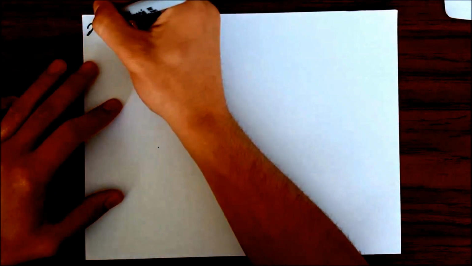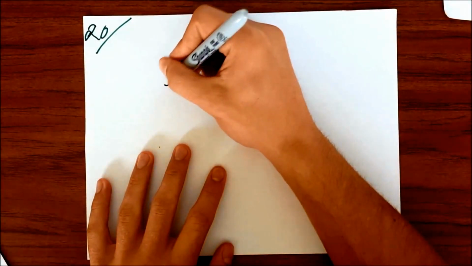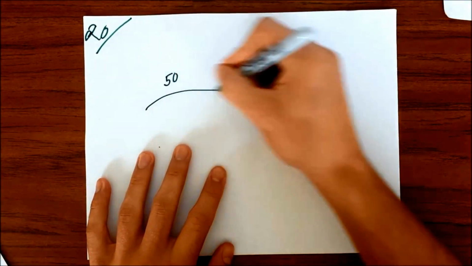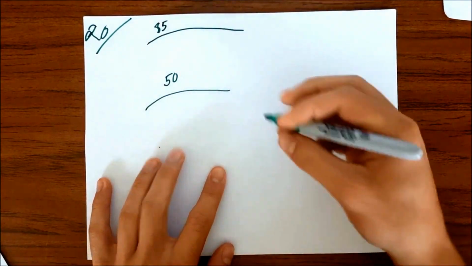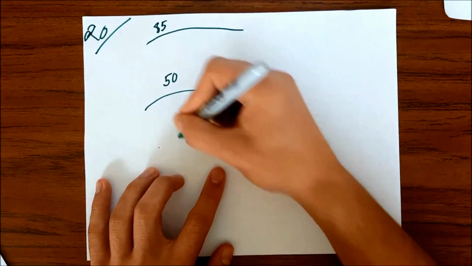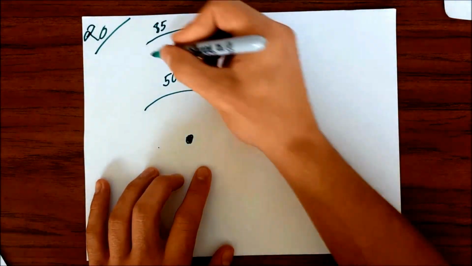Alrighty, so 20, sorry about that. All right, the mesosphere is a layer of the Earth's atmosphere between 50 and 85 kilometers. Here's Earth down here, all right.